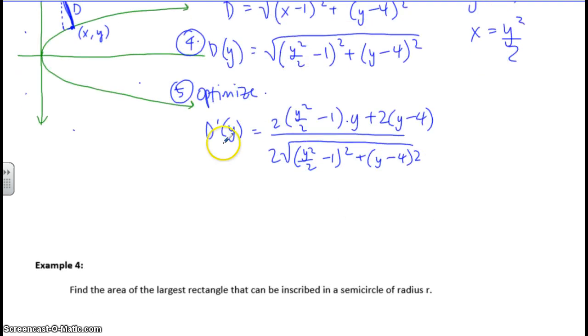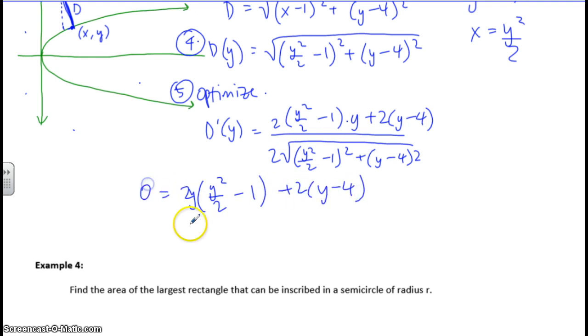We're looking for where this is equal to 0, where the numerator is equal to 0. The denominator, if you take a look, you have a perfect square plus a perfect square. When is that ever going to equal 0? It will never, because it will never cancel out to be 0. So we're really looking for where this, let's take a look, 2y plus 2y minus 4, when that equals 0.